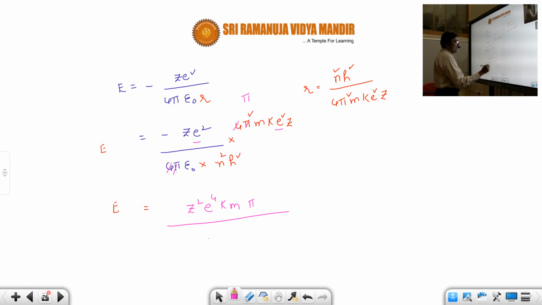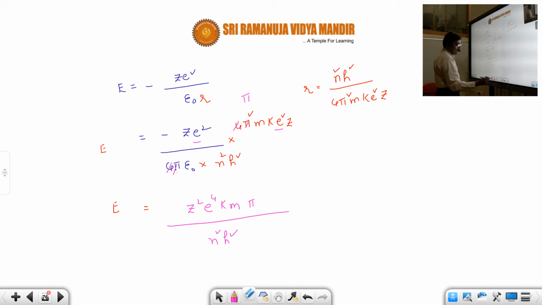Now in the denominator you have n square and h square. So this is the expression for energy. Sorry, here 8 is there. Here, for energy, we made a mistake.